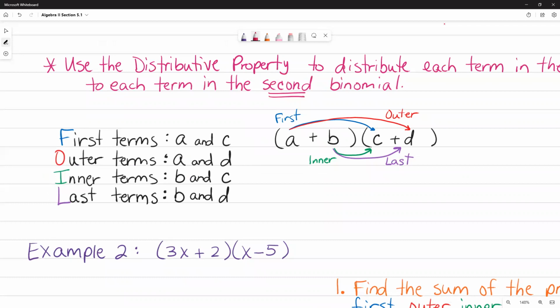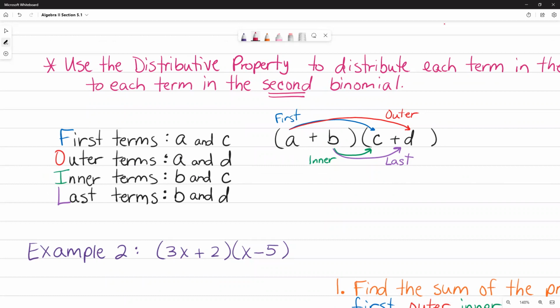The first terms are my a and c. Then plus the outer terms, the first one in your first parentheses and the last one, so a and d. You're just distributing a. Y'all see that? It's a times c plus a times d. And then inner is the b and the c, the inside terms. You multiply those together. And then you multiply the very last terms, the b and the d.